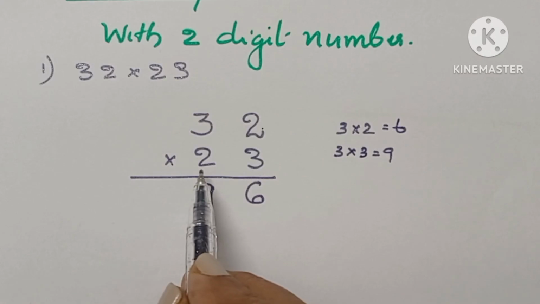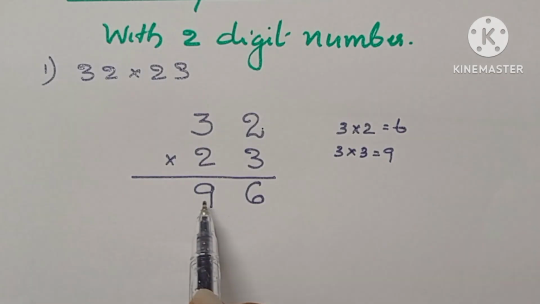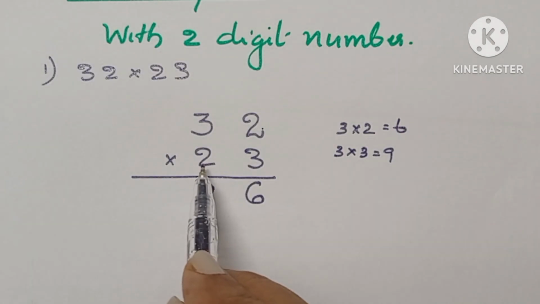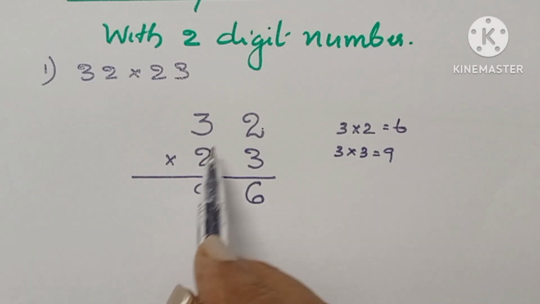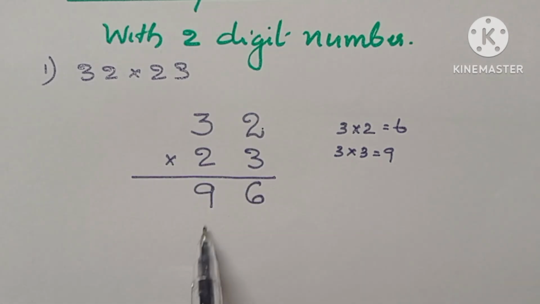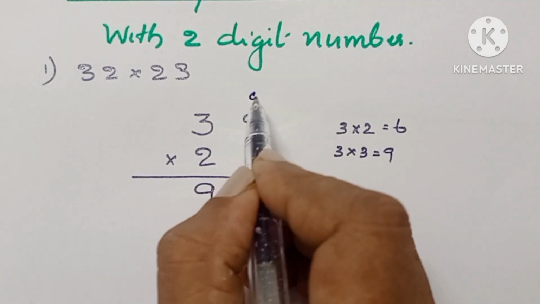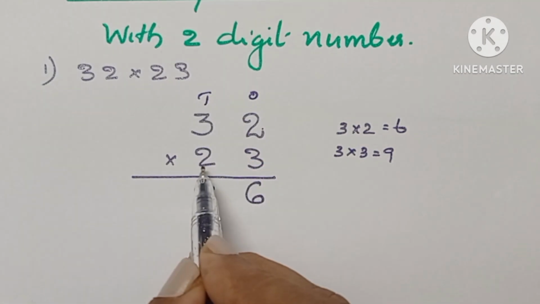Now we have to multiply with the 2. 2 is in the tens place. Therefore, when we are multiplying 2 with 2, we have to write the answer in the tens place because 2 is in the tens place, ones place, tens place.